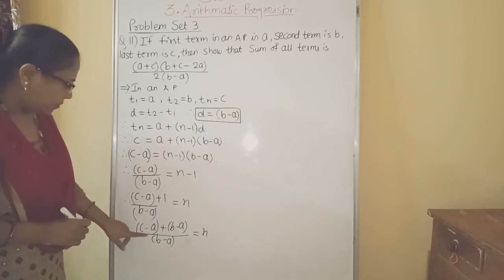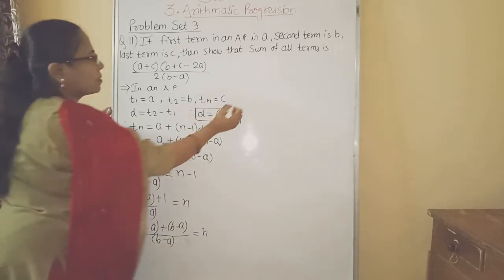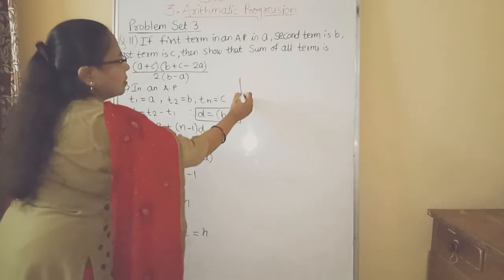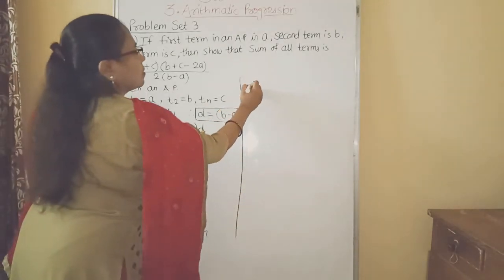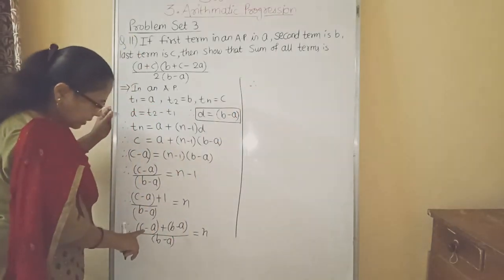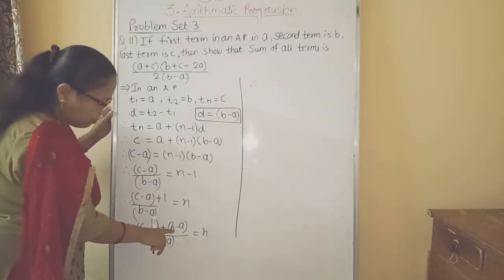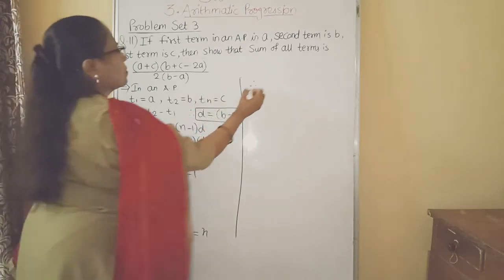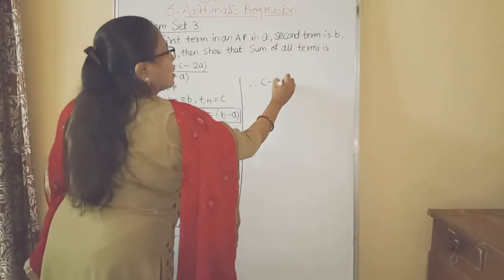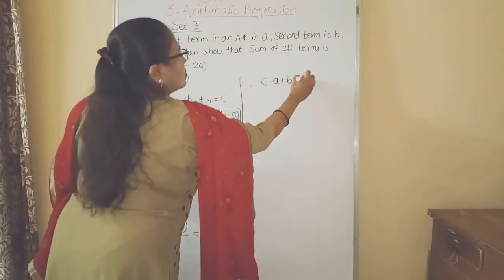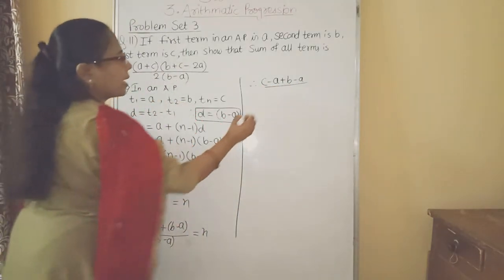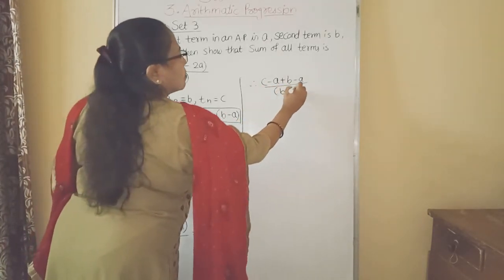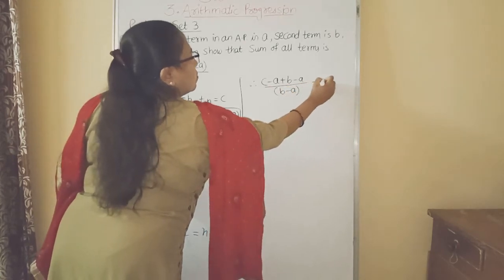Now we will open this bracket. Therefore, (C minus A plus B minus A) upon (B minus A) is equal to n.